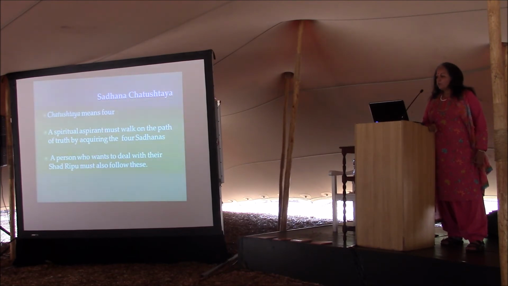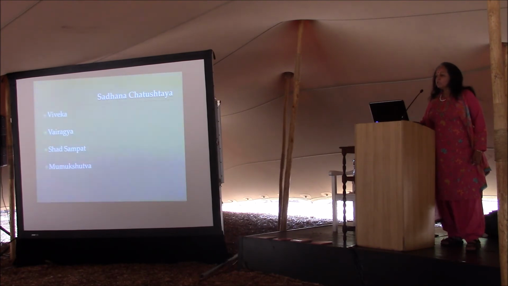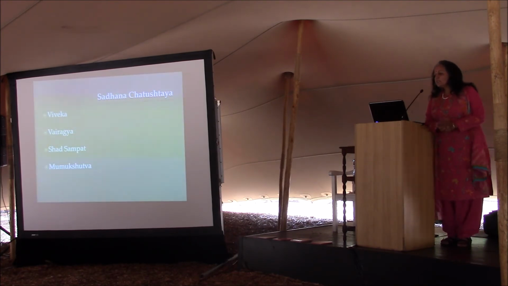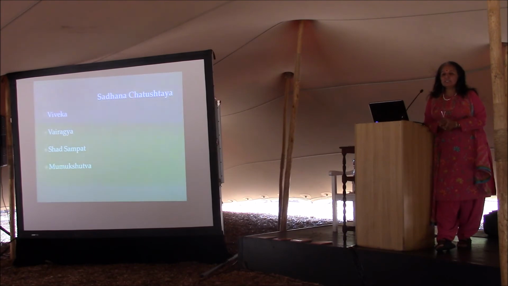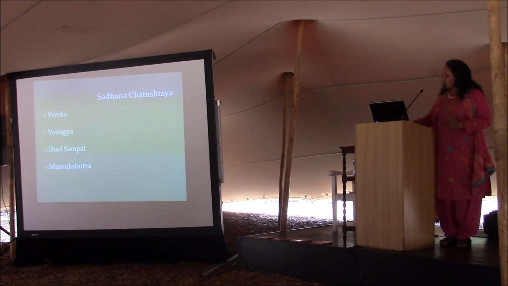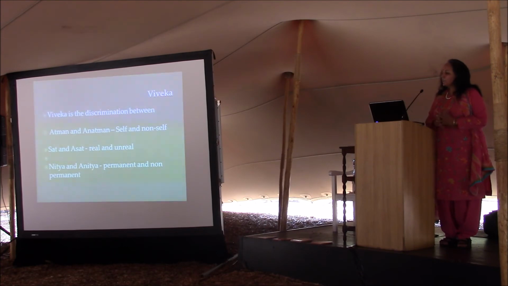A person who wants to deal with their Shad Ripu must also follow these. So these four sadhanas, out of which one of them is the six wealths. First is called Viveka, second is Vairagya, third is Shad Sampat, and fourth is Mumukshutva. I will just give you the explanation.